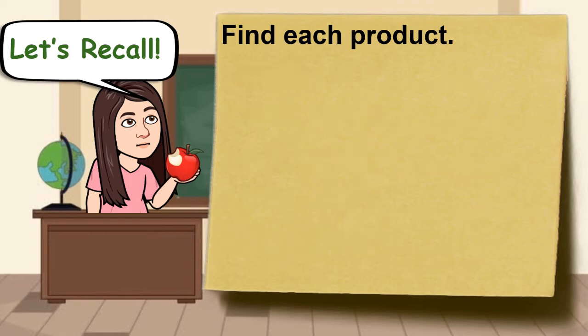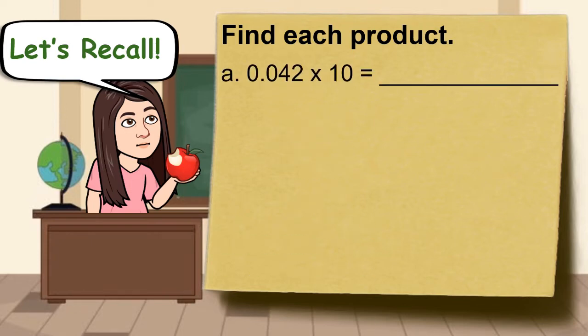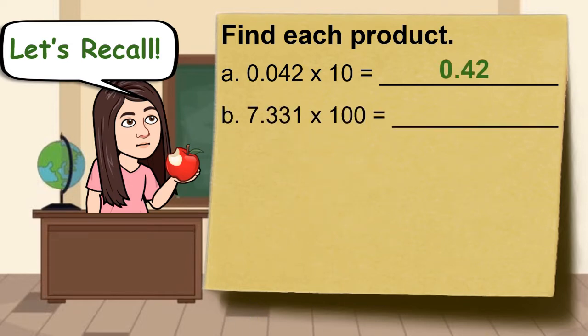Are you ready to check your answers? Okay, let's start with letter A. 0.042 times 10 is 0.42. Letter B. 7.331 times 100 is 733.1.